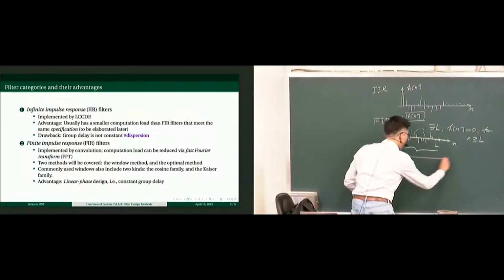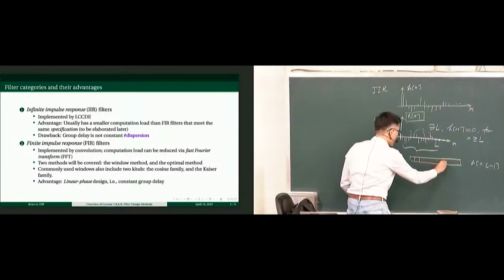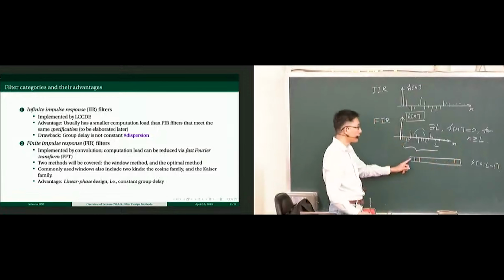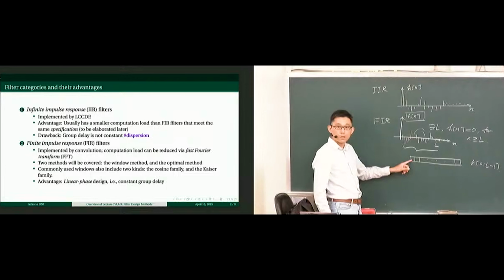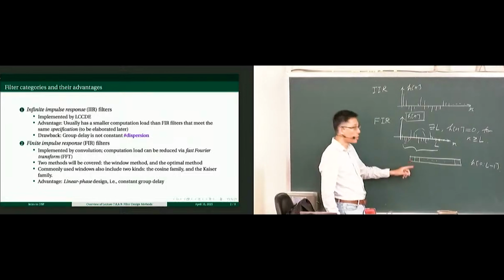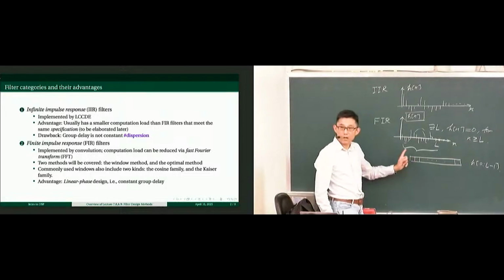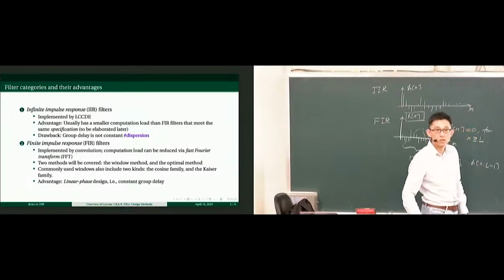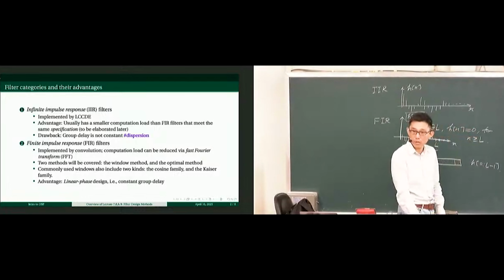Literally, what you would do is store your filter samples in one array, and then convolve this array with your signal. So an FIR filter is implemented through convolution. Because filtering is convolution in time and multiplication in the frequency domain. So FIR filters are always implemented by storing all the sample values and then convolving.